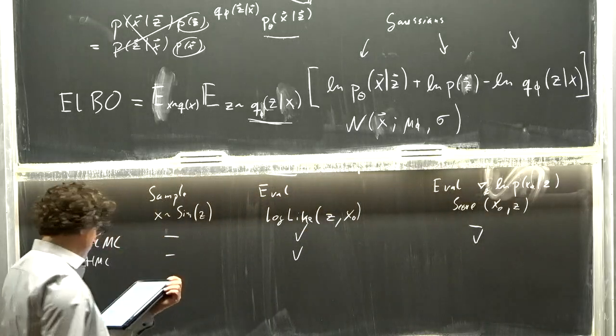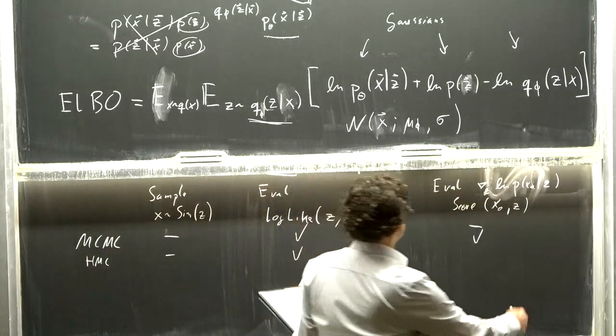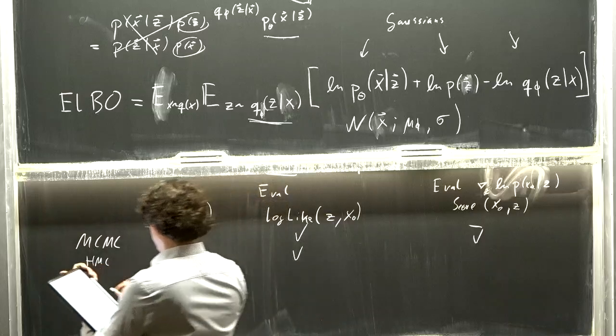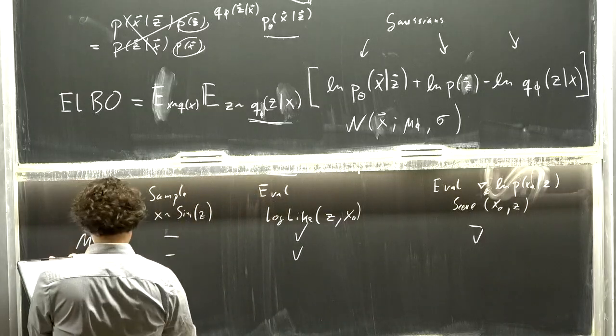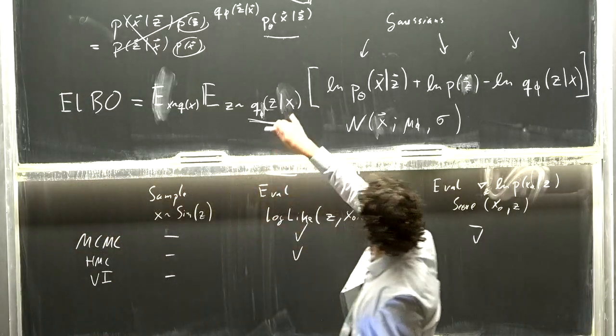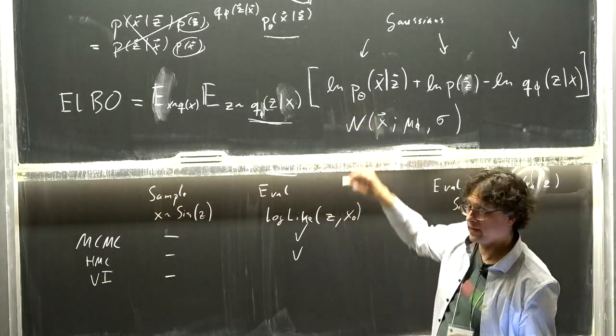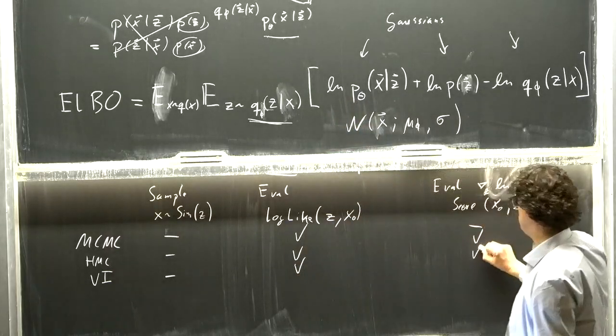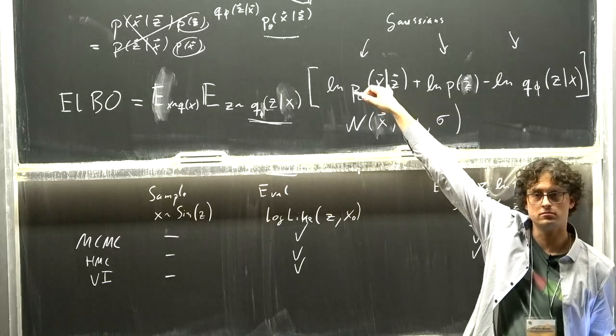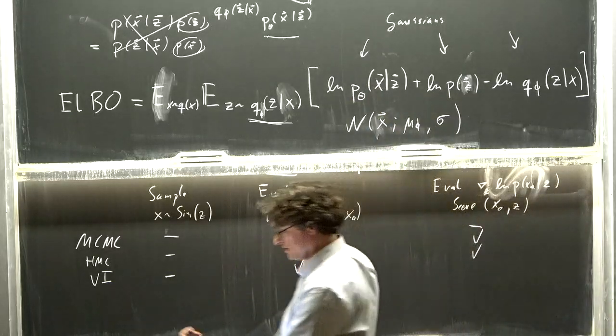And then there are techniques that only rely on the score function. Then when we talked about VI, variational inference, when we look at the ELBO and want to maximize it, we actually need to evaluate the likelihood, and we need to evaluate the score of the likelihood function. So these are things that we need to calculate.